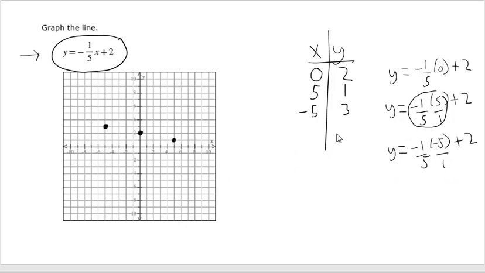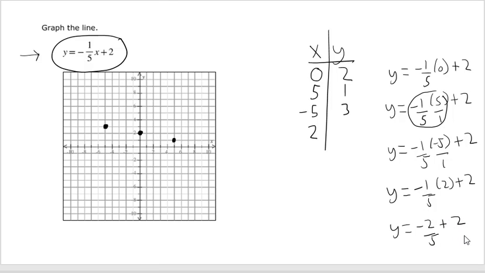I'm going to show you what would happen if you end up with a fraction. So let's say you pick 2 here. So if you have y equals -1/5 times 2 plus 2, then you're going to get y equals -2/5 plus 2.